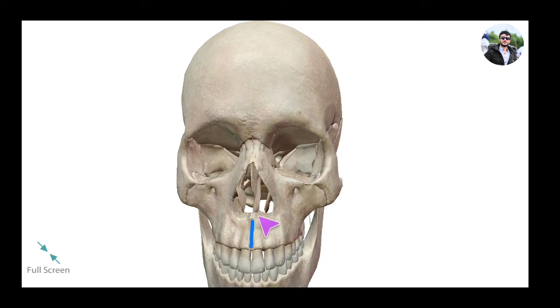of the skull. And in some cases there is a suture here in the frontal bone which makes the frontal bone divided into two halves.